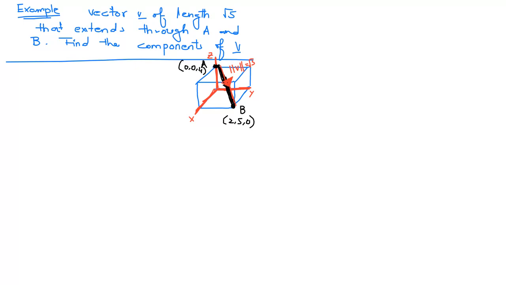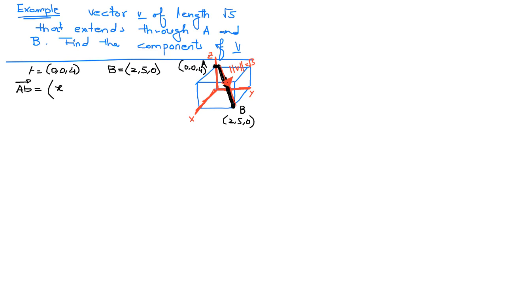Before that, A point is given, which is equal to 0, 0, and 4. B point is given, which is equal to 2, 5, and 0. Can we find the AB vector? Yes or no? If A and B points are given, can we find the AB vector? Yes, we have a formula.